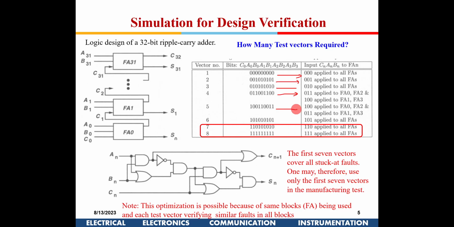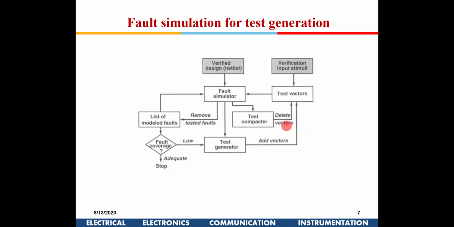So we have to repeat this pattern till the end, so that each of these adders is applied with different combinations. So in this test vector, all the 32 bits are not shown here.